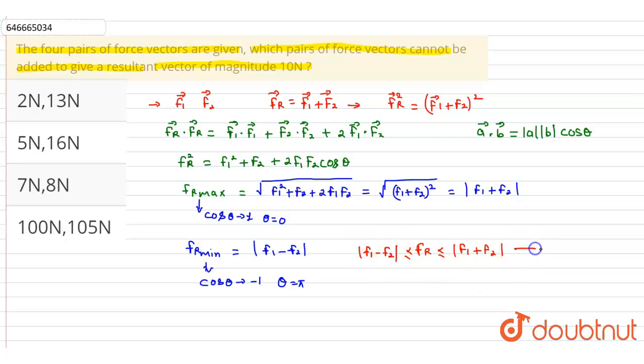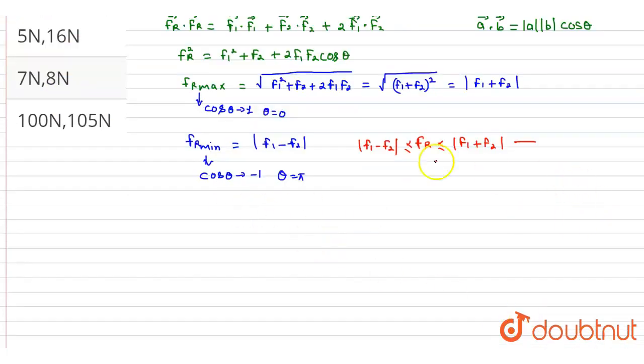Now using this relation, for the first option we have F1 equal to 2 and F2 equal to 13. So F1 minus F2 gives 11 for the resultant force, and F1 plus F2 gives 15.